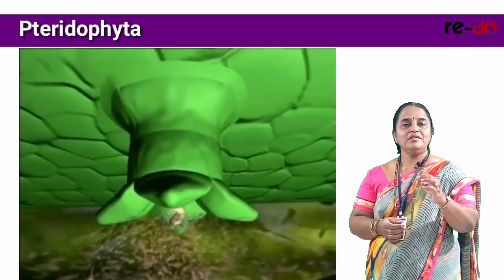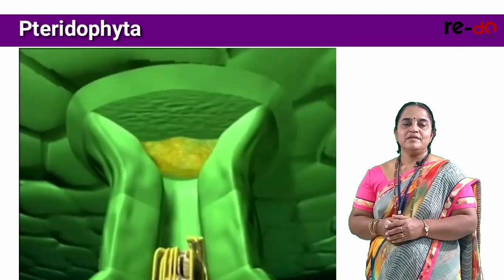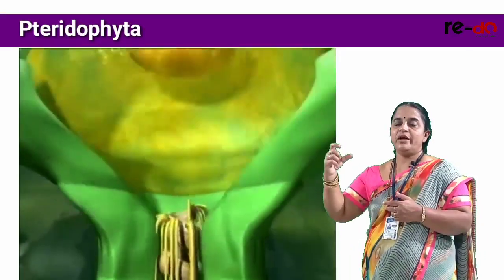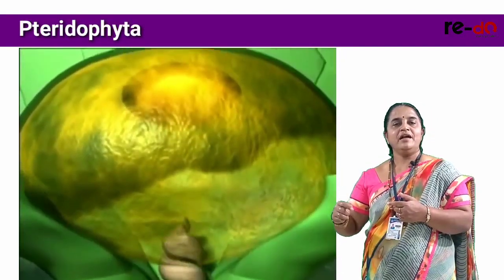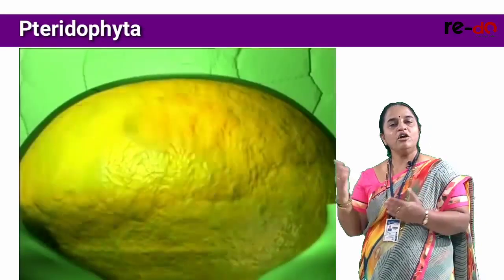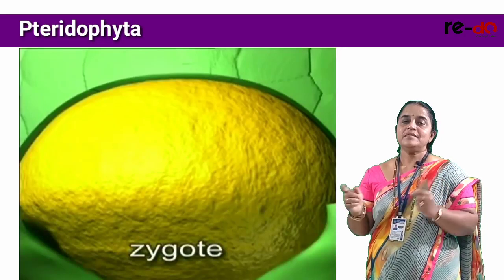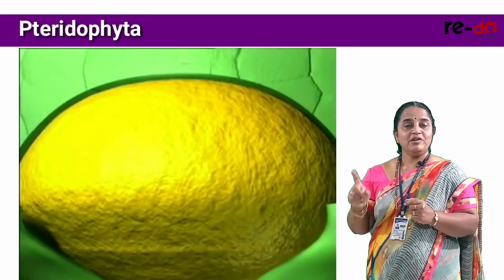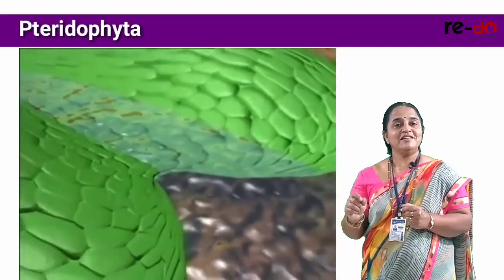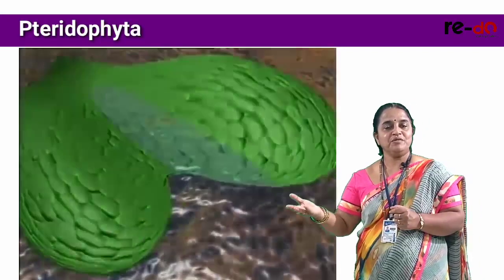Now this zygote starts developing into a true plant body. It requires a certain period to develop into an adventitious root system and an ascending axis shoot system, either with microphylls or with macrophylls, and these leaves develop sori. Sorus contains sporangia. Sporangium contains mother cells. Mother cells by meiosis produce haploid spores.